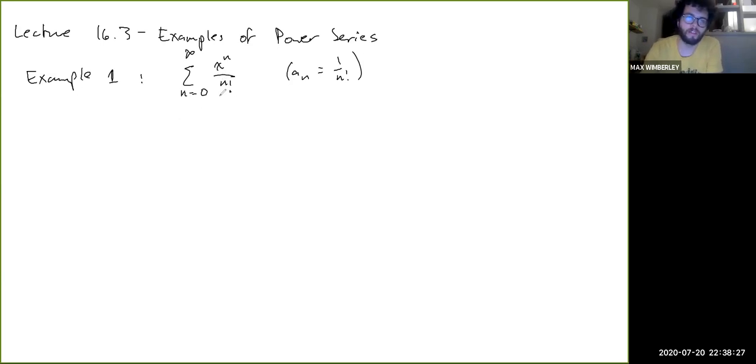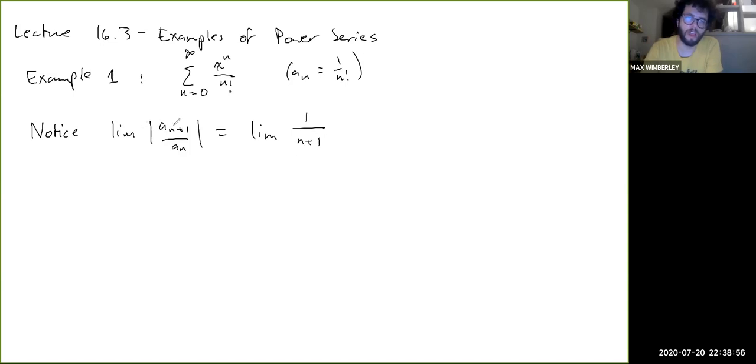But the thing is, in situations like this, you can apply the ratio test and you can actually get a result out of it, and then that can tell you what the radius of convergence is. So here, notice that the limit of a_{n+1} over a_n equals the limit of 1 over n plus 1.